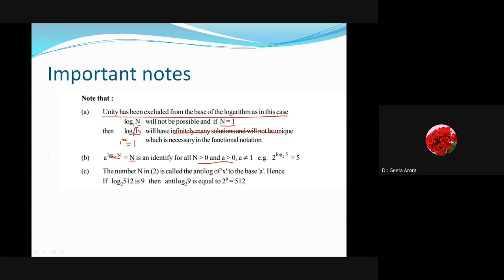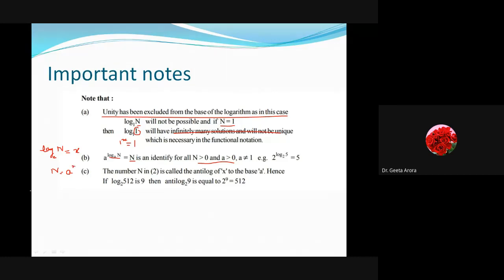How? Let me see. If we talk about log n with base a is equal to x, correct? If this is the value, it means n is equal to a raised to power x. This is the relation we have learned.